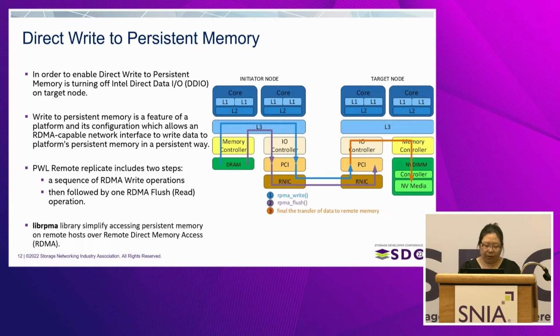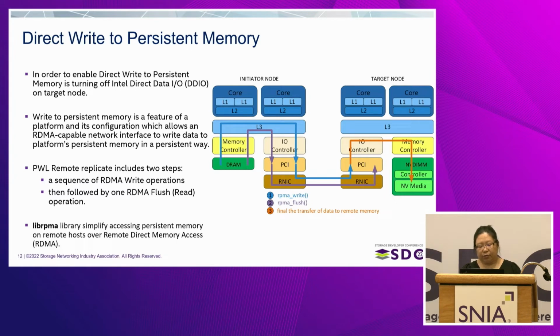And we use the library librpma to access the remote persistent memory and execute the remote direct memory access. There are two steps to write to the remote replica.